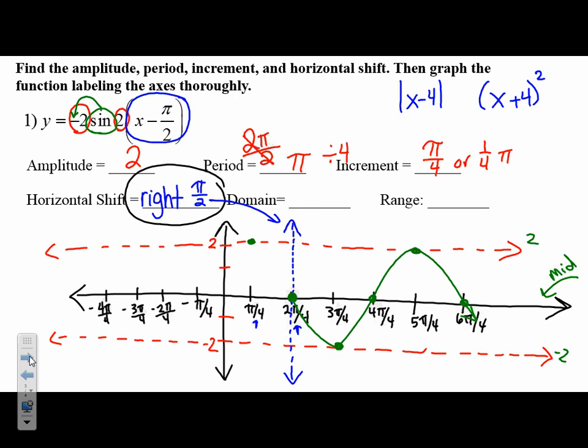Now I need to go back down to hit the middle. This is a tricky one. Remember, this time 0 is a part of this, guys. Don't forget, just because 0 is not labeled there, we still need to hit that spot, and then down, and then back up. So there is a picture of the sine wave that has been shifted over pi over 2.